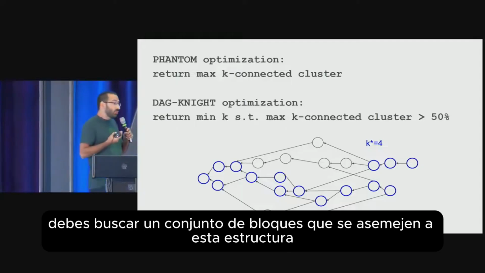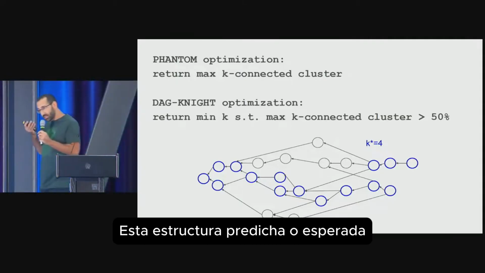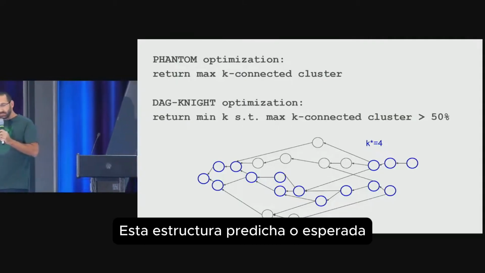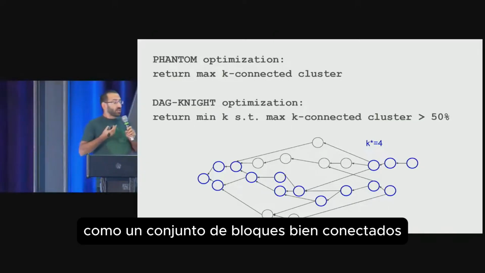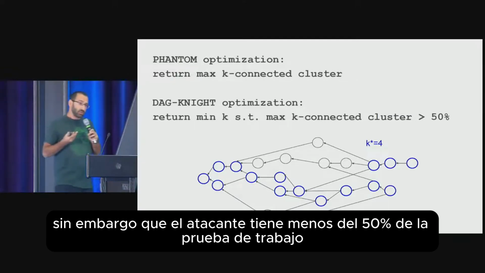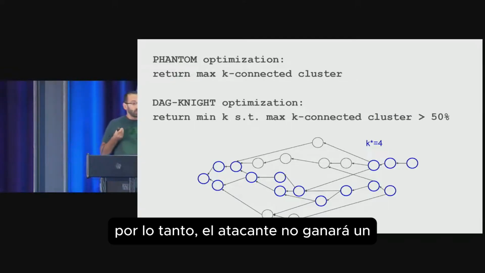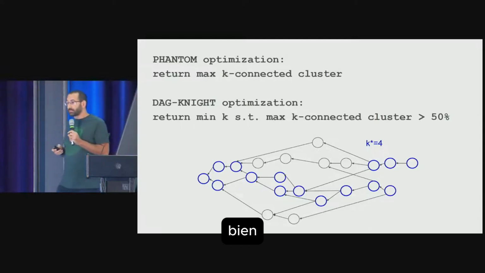In which case, you should look for a set of blocks that resemble this predicted or expected structure. An attacker can also form such a cluster, such a set of well-connected K-connected blocks. However, the attacker has less than 50% of the proof of work. Therefore, the attacker will not own a majority of the blocks.